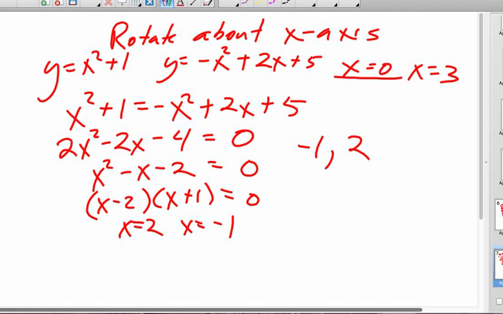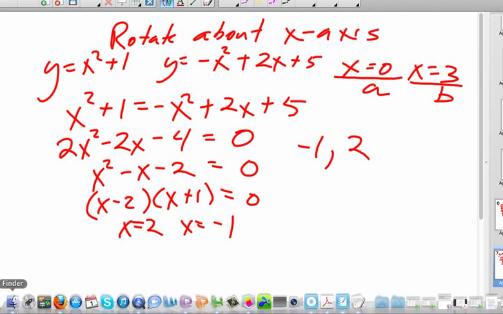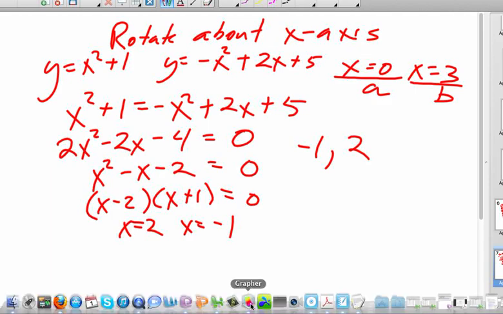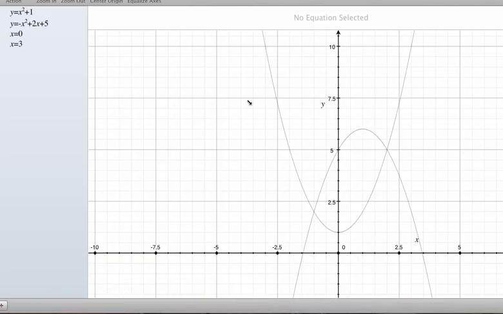However, you notice we're cutting this off at 0. So that's going to be my A. We also are going over to 3. So this is going to be my B. So let's go back in and take a look at what's going to happen with this thing and relook at our graph. So we're going to start here.